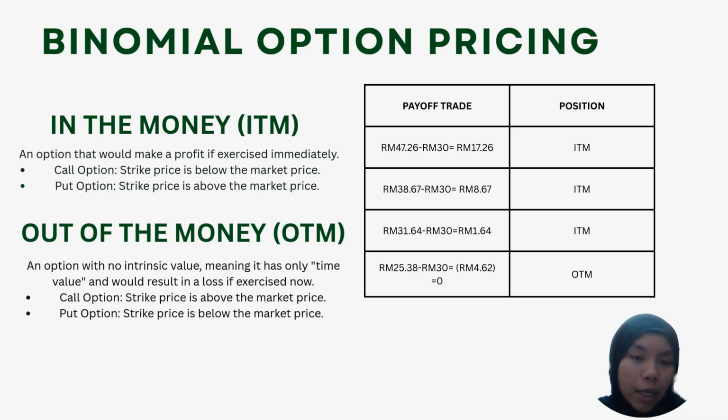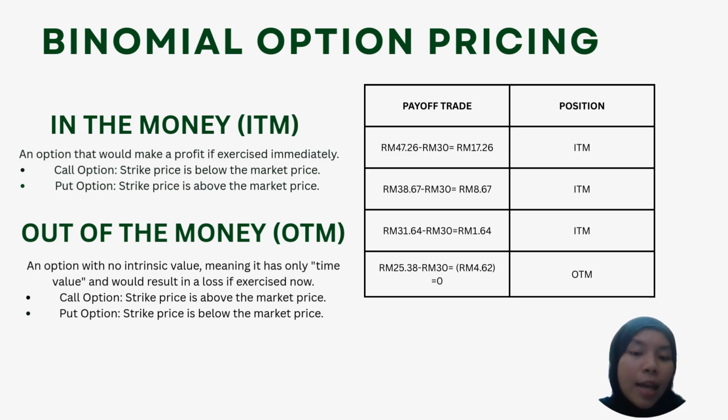So when we calculate the binomial option pricing, the payoff trade that we got is first 47.26 minus 30, which is equal to a positive 17.26, which means the position is in the money. Next is 38.67 minus 30, equal to 8 ringgit and 67 cents. This is also in the money.